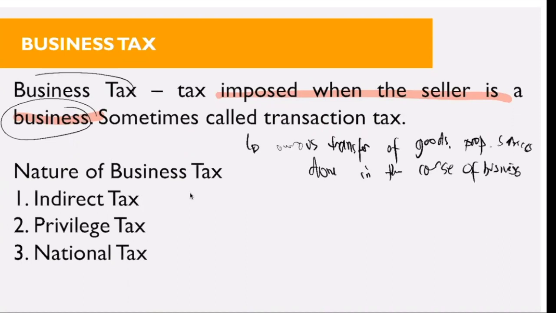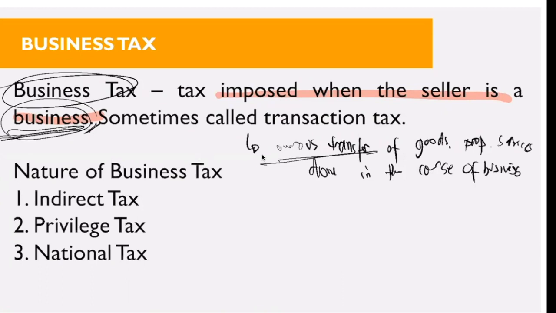So take note, we will impose business tax in case we are engaged in business. Later, we will learn when we are engaged in business. But a while back in our introduction, we have already said that we have a business tax based on our onerous transfer. So whatever transfer of goods, services, or properties, so long as it is done onerously and in the course of business, it is subject to business tax.